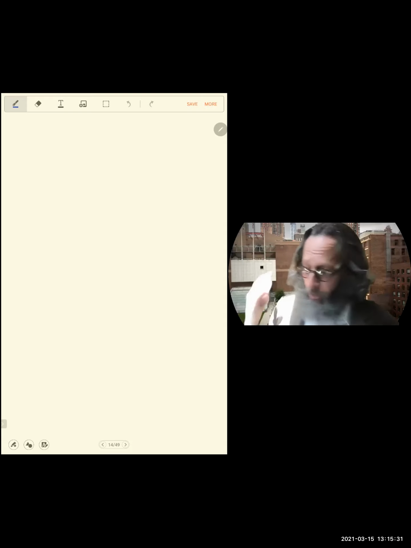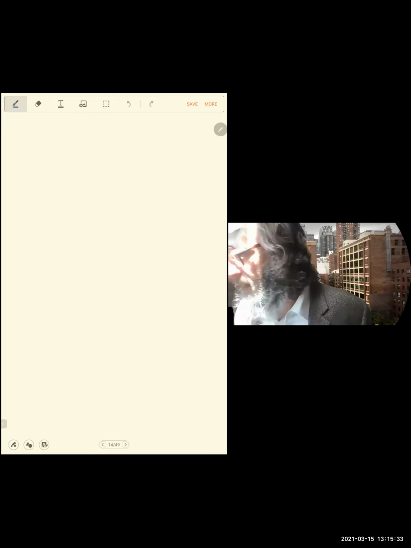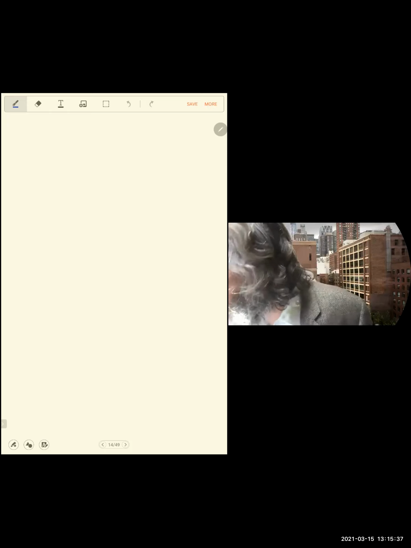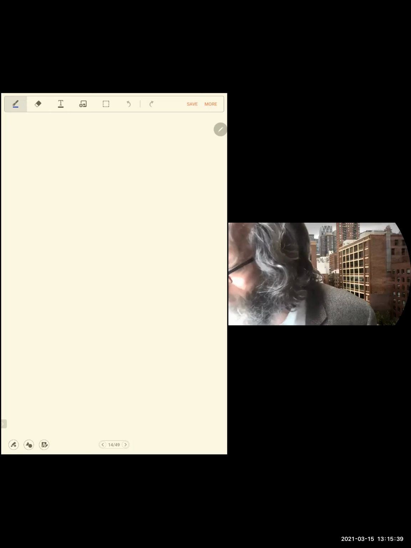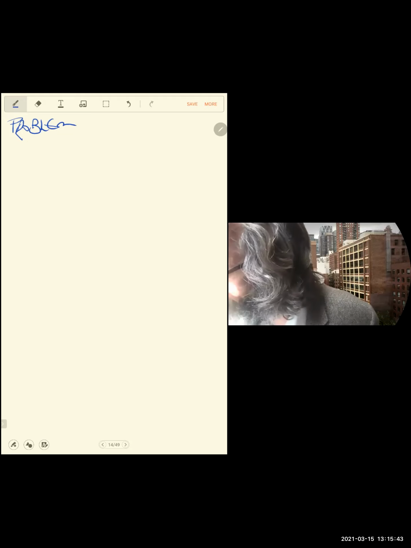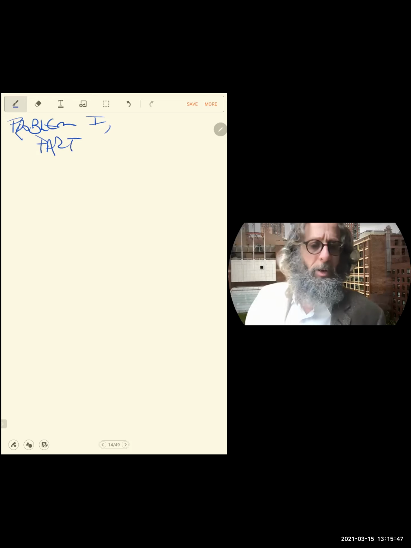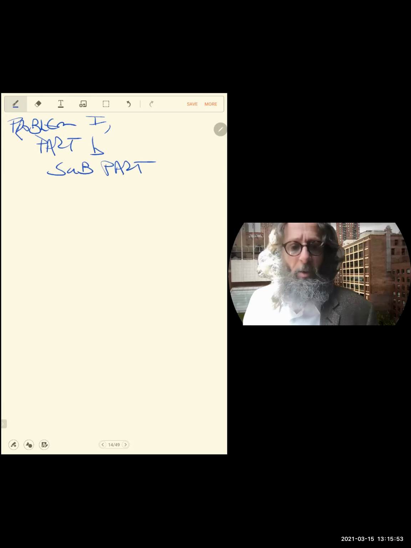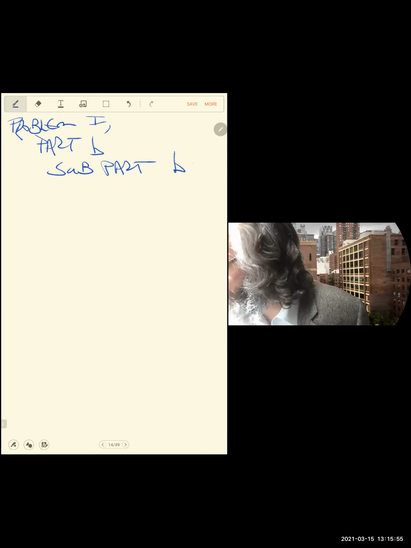But Jenna and others are absolutely right that in order to solve it, I better make sure I have the angular frequency right, which means I better not be careless with the square roots. So just in case, this is problem one, part B, subpart B2.